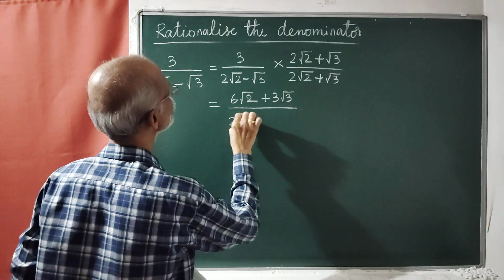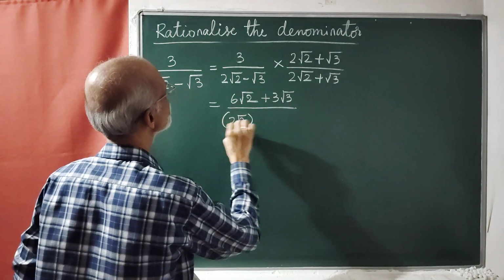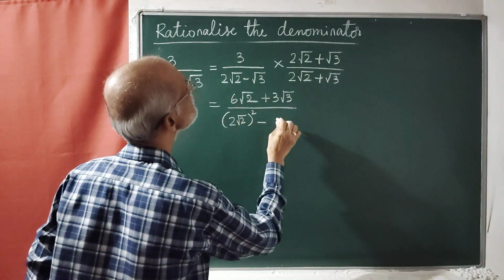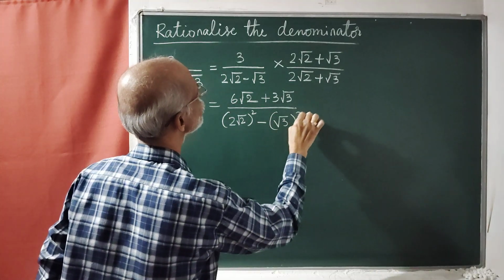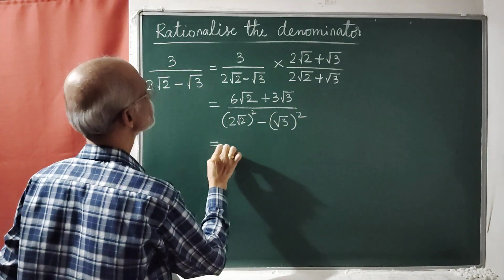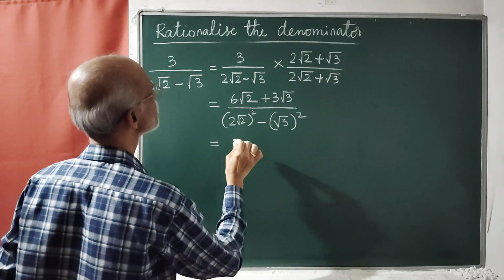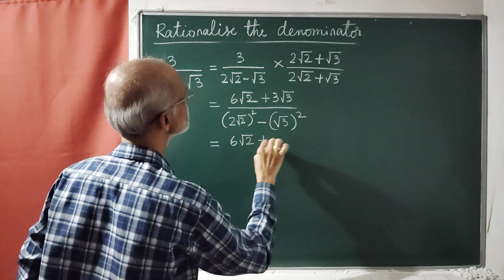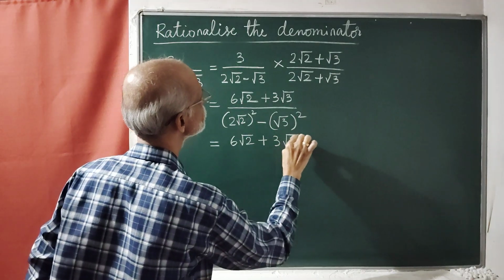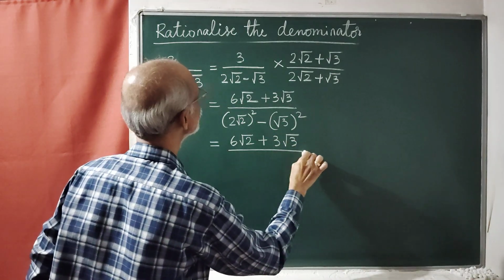So 2 root 2 whole square minus root 3 whole square. So 6 root 2 plus 3 root 3.